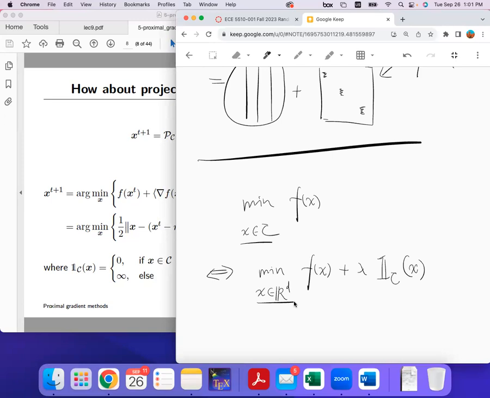Because if x is in C, the indicator is 0, doesn't affect this objective function, right? So as long as x is within the constraint, we are basically looking at the above problem. If x violates the constraint, this becomes infinity, makes the problem meaningless. So we don't really need to consider that case, right? So it is essentially equivalent to minimizing f(x) within the constraint set. Okay, so this is a simple trick.